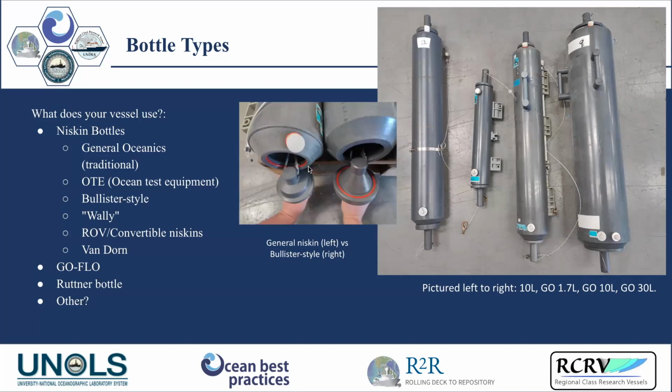The big difference is the O-ring being inside the housing versus outside the housing. And then do you use different sized bottles, and how does that affect your CTD deployment? So I'm opening this up to the group. Does anyone want to raise their hand and say something that they use that's specific?